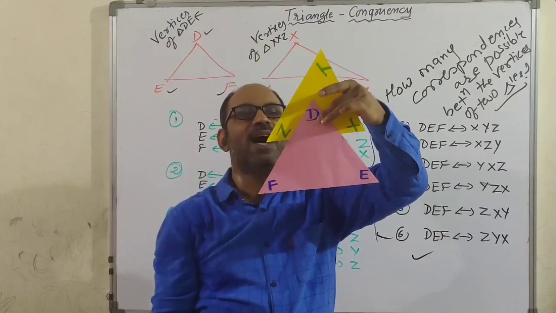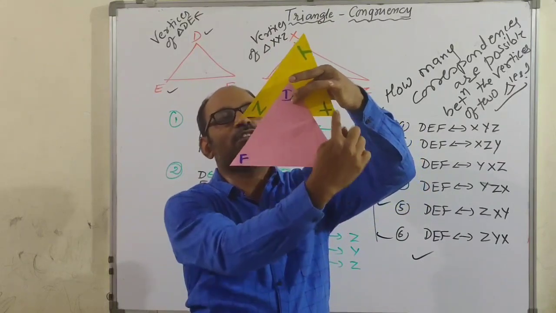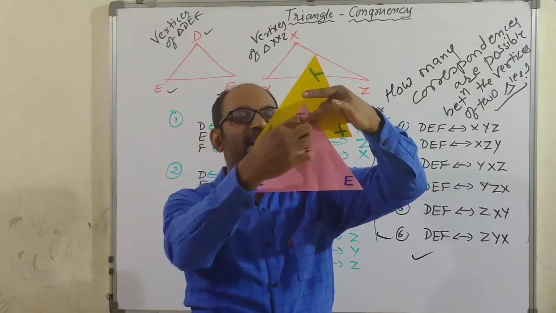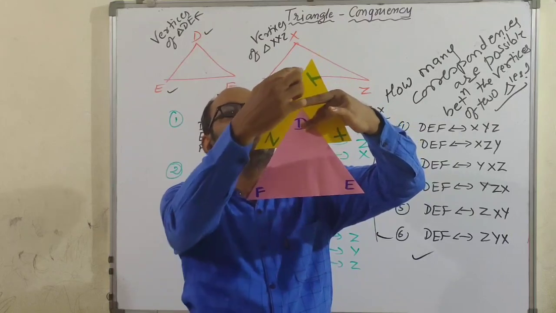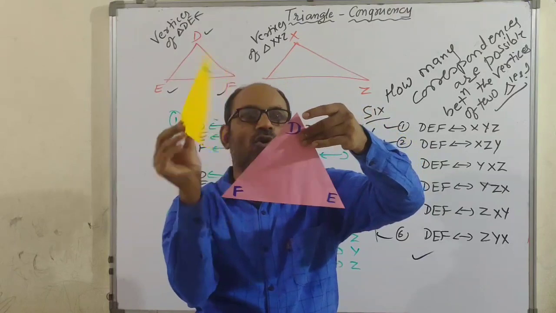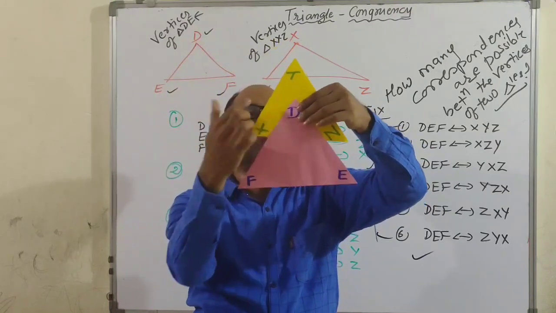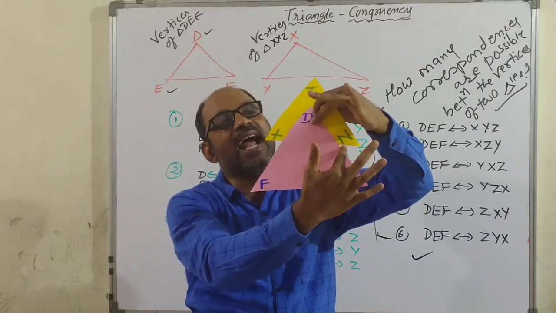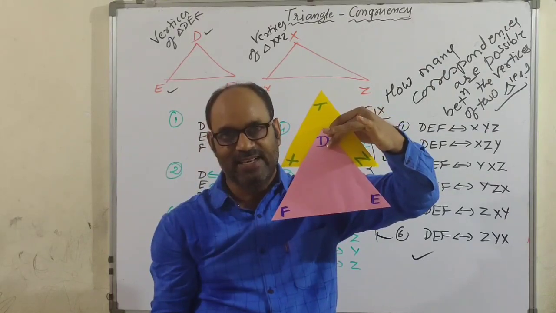D corresponds to Y. So E corresponds to X and Z corresponds to F. So DEF corresponds to YXZ. But if I overturn it like this, now same DEF corresponds to YZX. If you can see that.